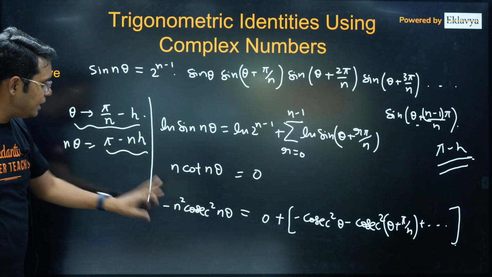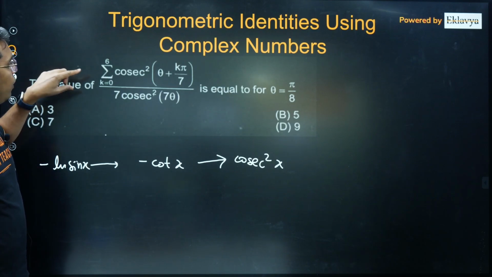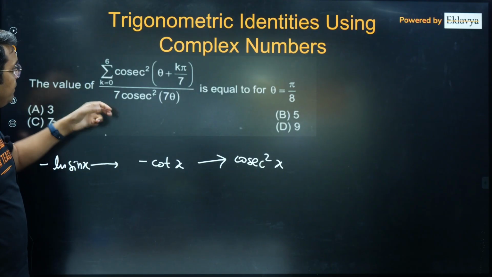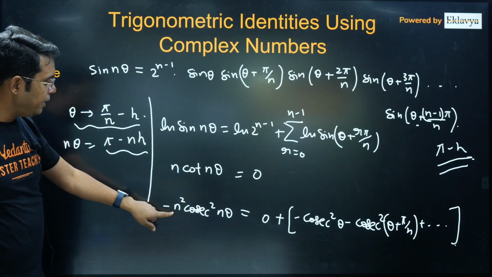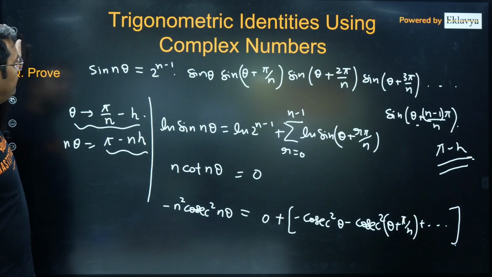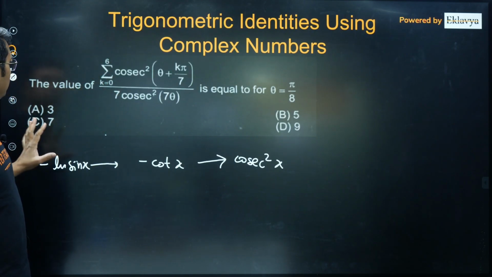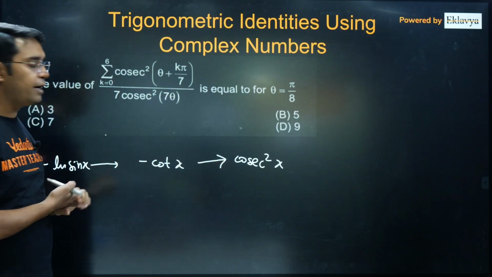Here it will become 7 square, that means 49 times cosecant square 7 theta, upon 49 times cosecant square 7 theta. So cosecant square 7 theta will get cancelled. So the answer for this will be 7 directly. There is no need to put theta is equal to pi by 8. I think it is direct.